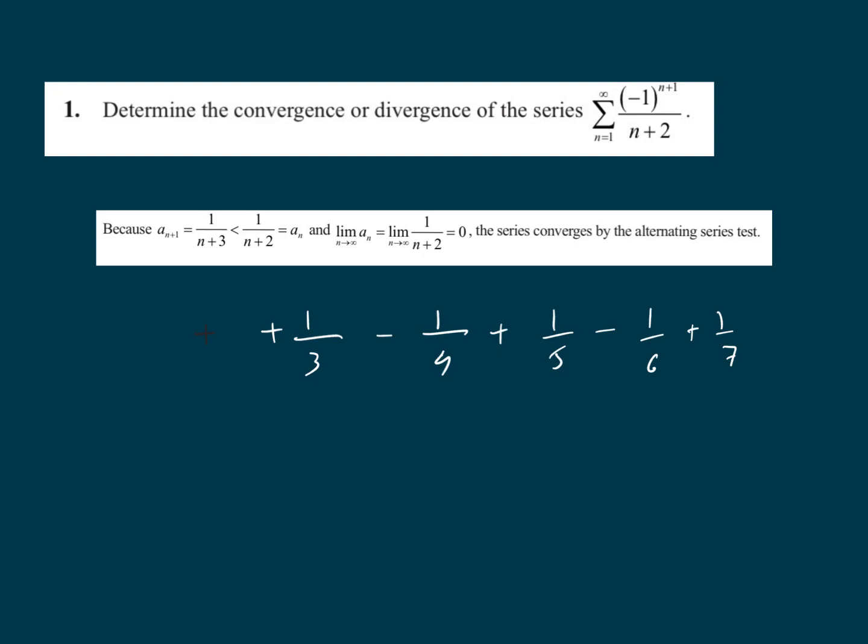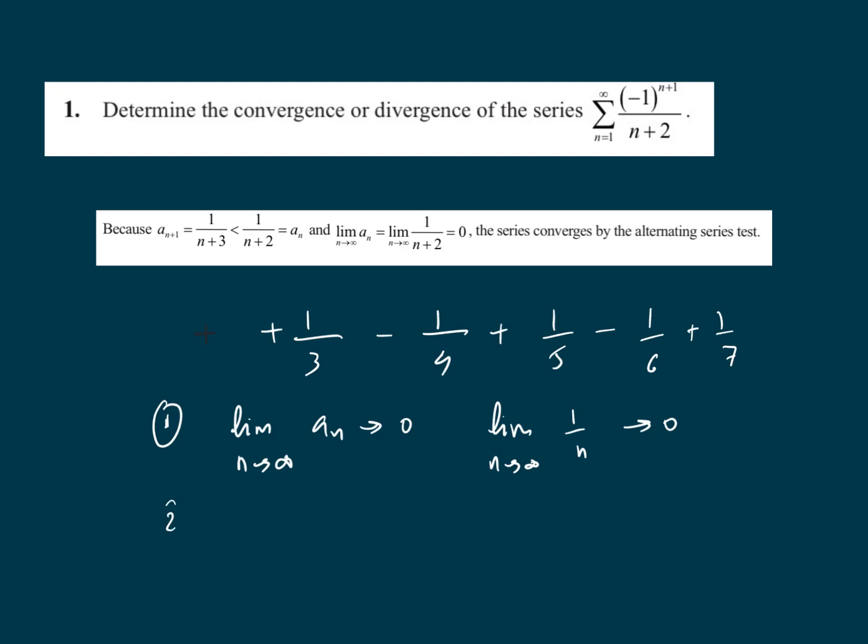So this series looks like the harmonic series, but it's not the harmonic series, it's the alternating harmonic series. And the alternating harmonic series is convergent. Why? Because, first of all, the limit of a sub n when n goes to infinity goes to 0, because it's the limit of 1 divided by n, and this goes to 0.